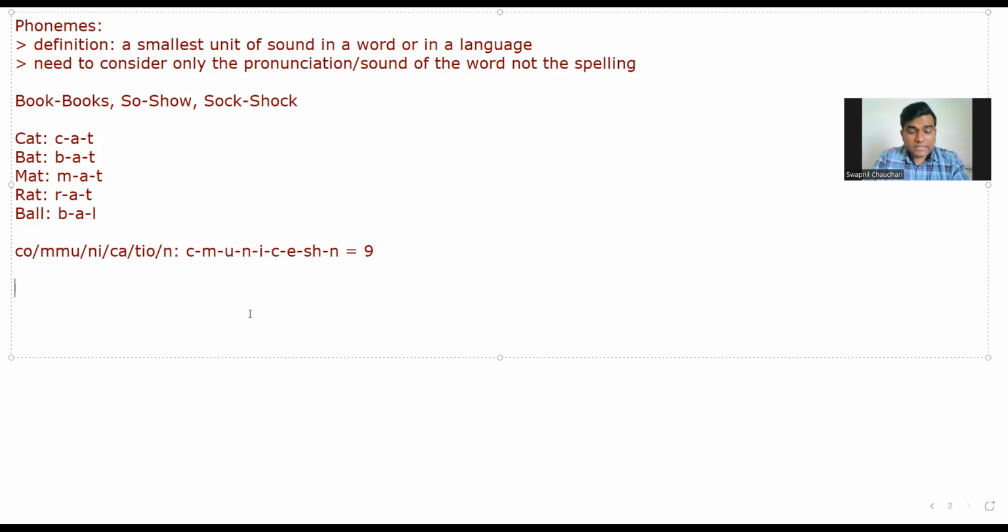Another way to look at it is to break down the pronunciation in its smallest part. So for example, this simple word, pen. So we say pe, na, right? Two parts in this word, pe, na.